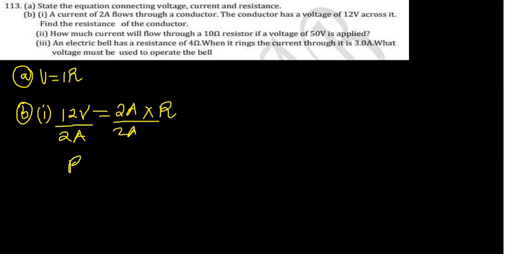This will cancel with this. So 12 volts divided by 2 amps is going to give us 6. Now the unit for resistance is ohm. So that is going to be it.